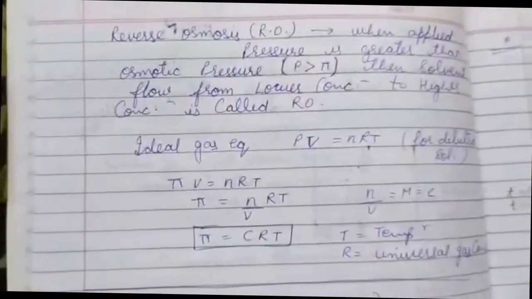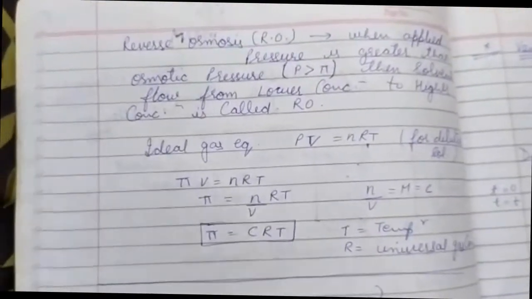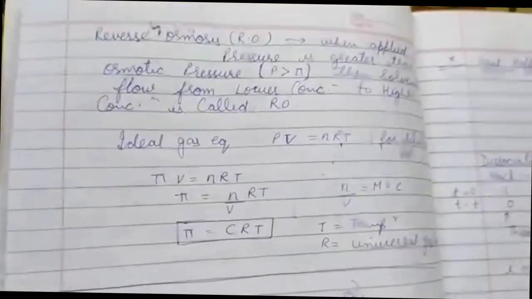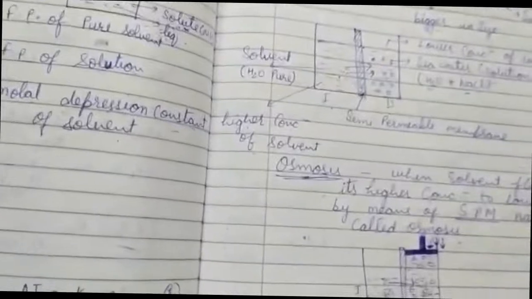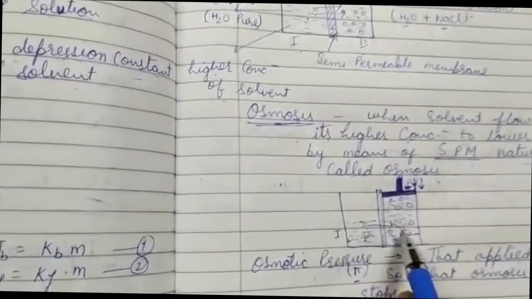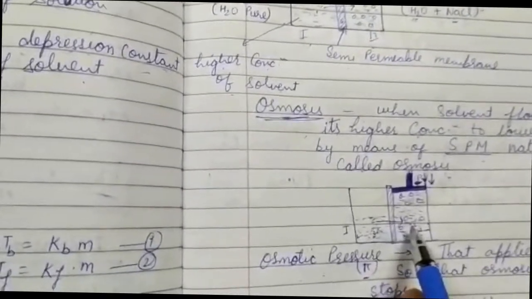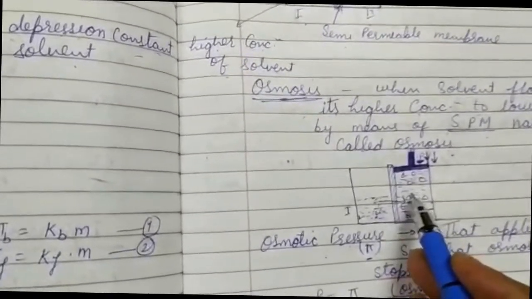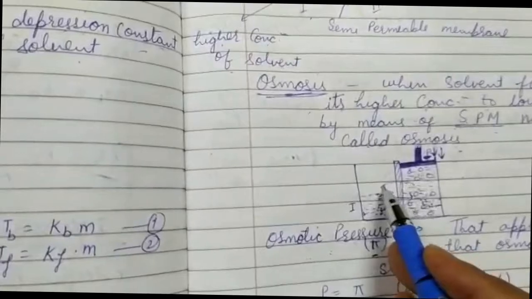Okay, now reverse osmosis. Reverse osmosis means the opposite of osmosis. As we know, in the osmosis process the water was flowing from the pure side to the impure side. But now we want the water to flow back from impure to pure.